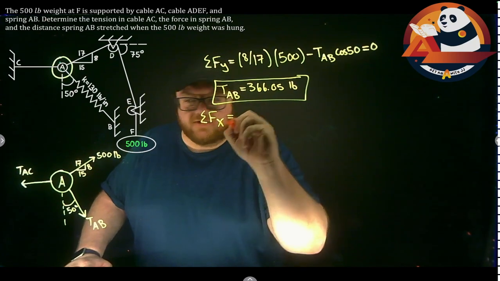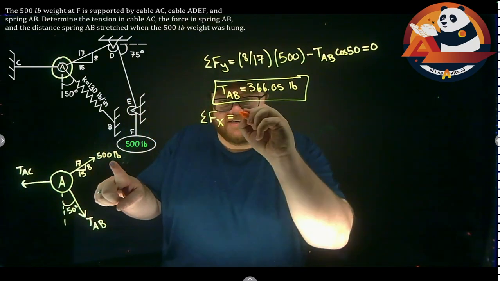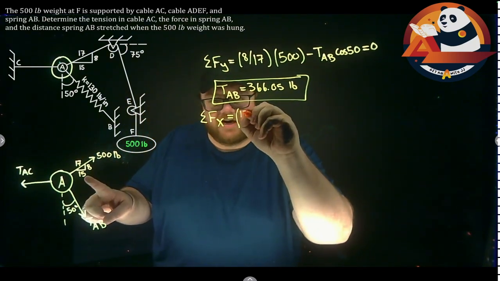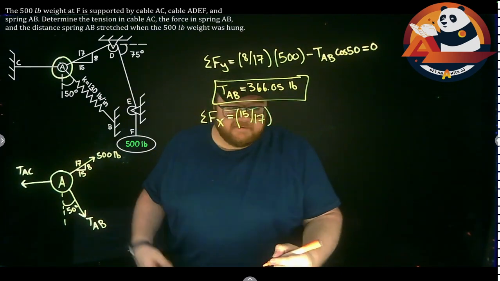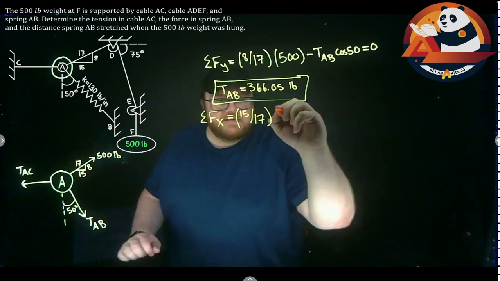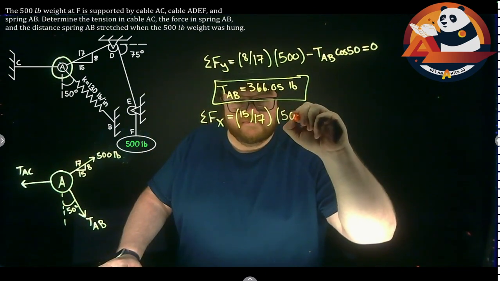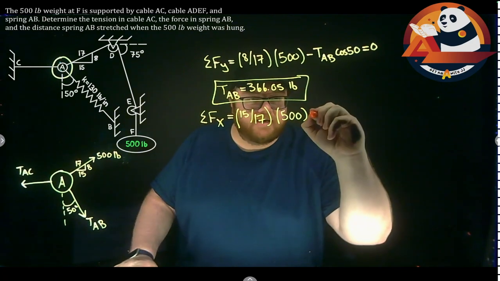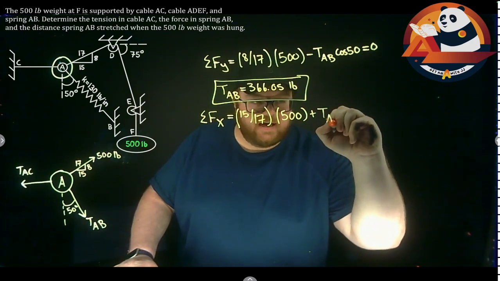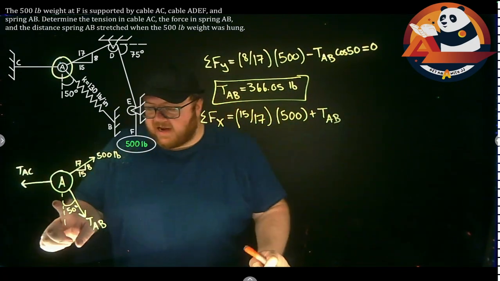This is equal to 500's x component, so the x leg of our triangle, 15 divided by the hypotenuse, 17, times our force, 500, plus the x component of T_AB, plus T_AB, because my angle comes from vertical.